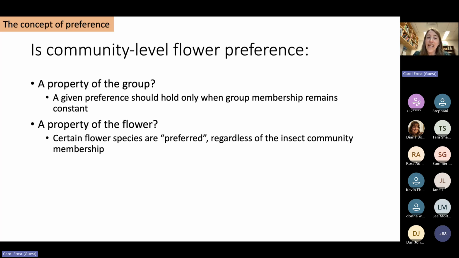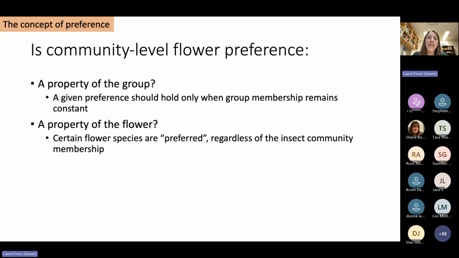Another possibility is that community level flower preference by pollinators is a property of the flower. This would be the case if certain flower species are universally preferred, regardless of insect community membership. And this could happen if there are some flower traits that are just attractive across every insect taxon.